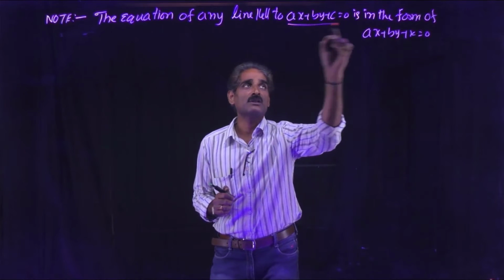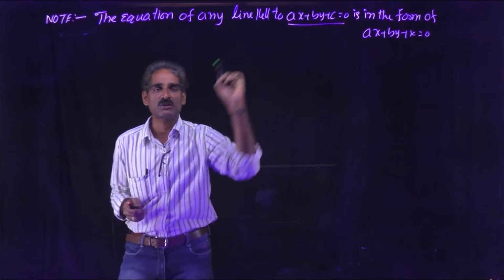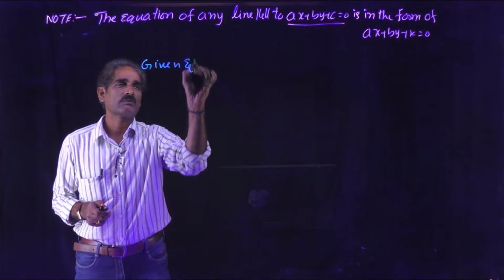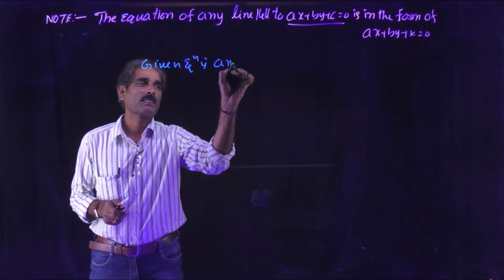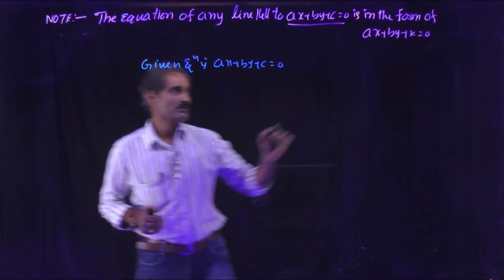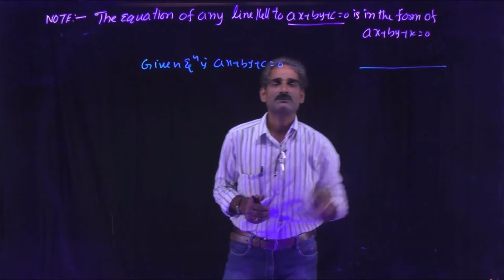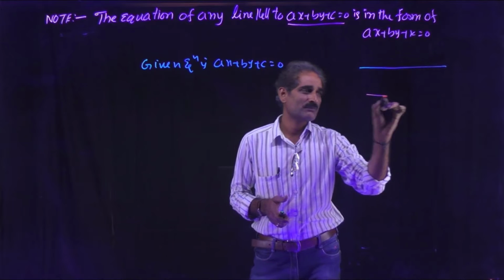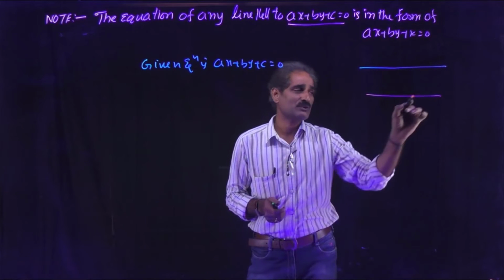See, suppose consider this equation. This is the equation of the line. So the given equation is ax plus by plus c equal to 0. Suppose this is the position of the line, we want to find a line which is parallel to this and passing through some point.